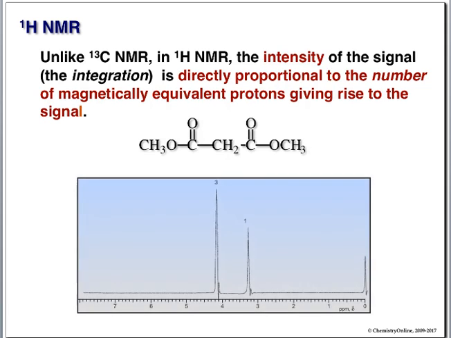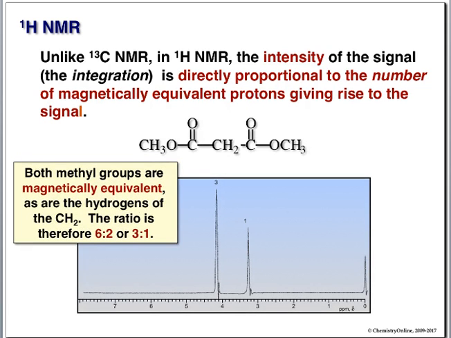Nice thing about proton NMR is that the area under the peak, that is the integration, is directly proportional to the number of that type of hydrogen. So let's look at this molecule. We have 2 methyl groups, methoxy groups here, and we have a CH2 in the middle. So we have 6 of these guys, we have 2 of these.